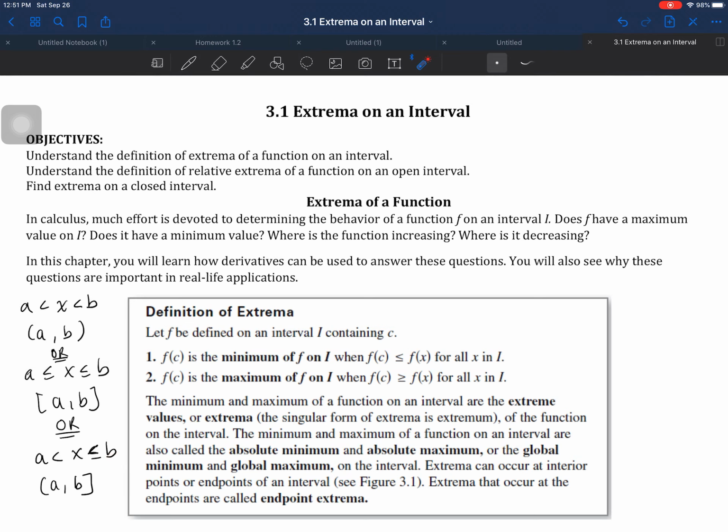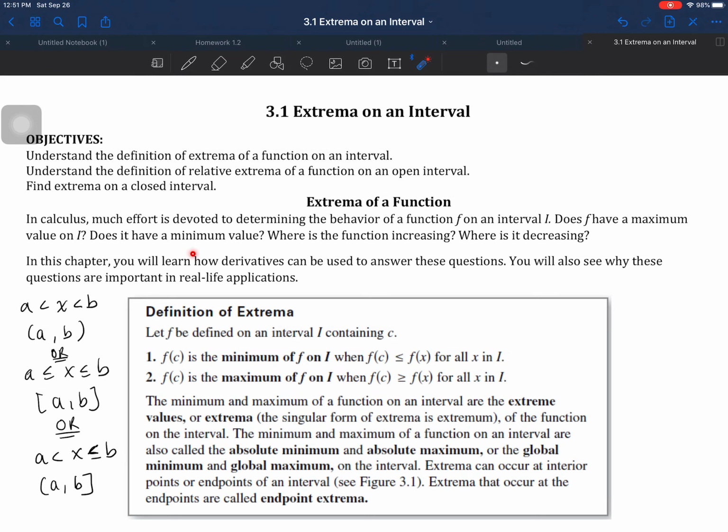So what we're saying here is that there's a function, and we're trying to define the behavior of the function on an interval of x. Now, what kind of behavior are we going to talk about in this section? In particular, the behavior of having a maximum value of f in this interval.